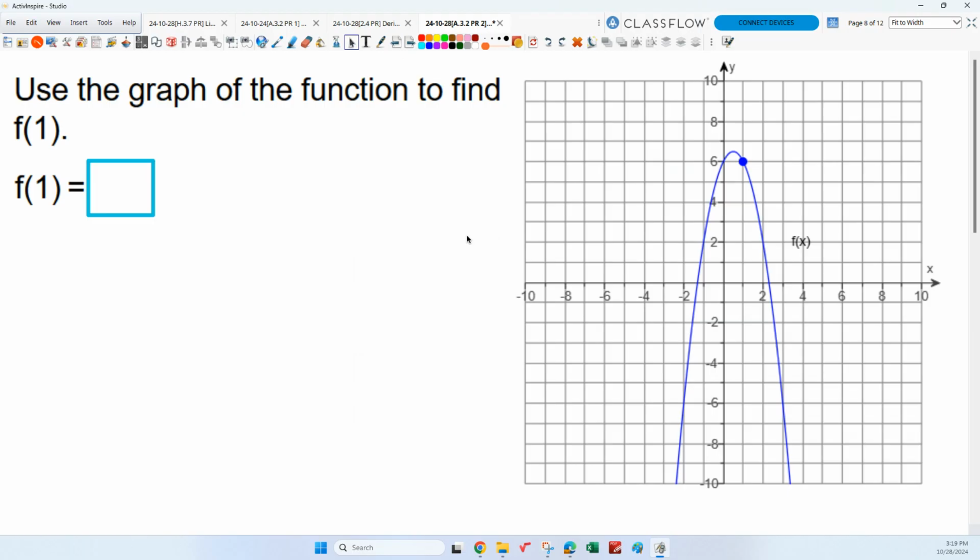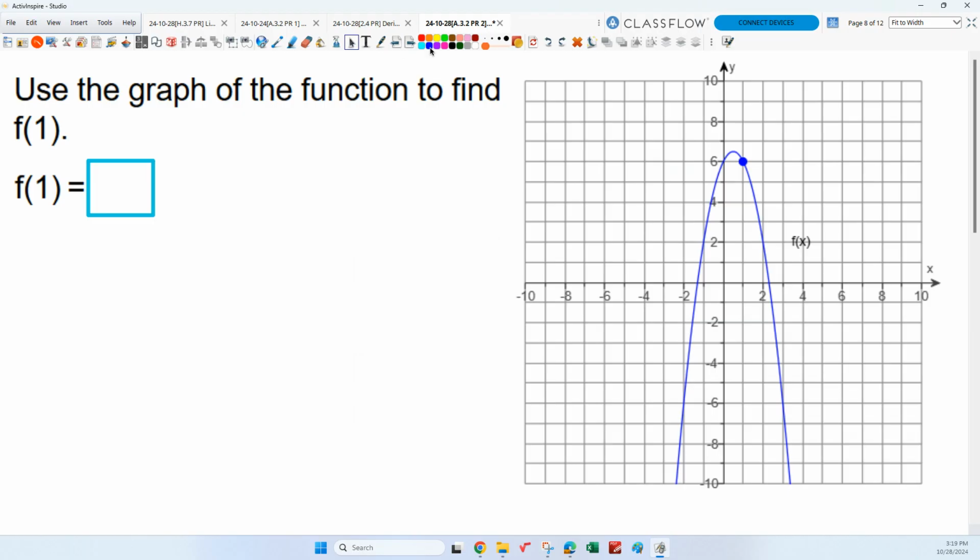Okay, can anybody tell me, raise hands, don't say it out loud, what f of 1 is equal to? What do you get? 6. How'd you get that? I like the dot. There you go. Okay, the point. The ordered pair is what gives it away, right? So f of 1 means I want to know the value of the output, which is y, when I'm inputting a 1.